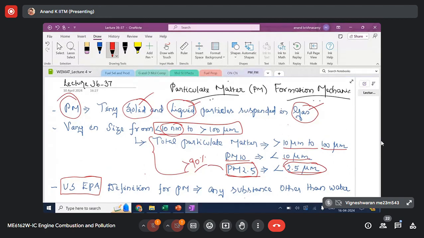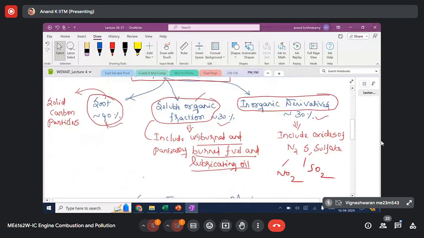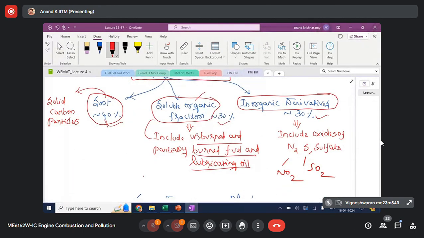Solid particles are soot, liquid particles are unburnt or partially burnt fuel and lubricating oil. And in the gas stream, you have several oxides of nitrogen and sulfur as indicated here, as well as sulfate. So these are the gas phase species we have in the PM. Nitrogen dioxide and sulfur dioxide are also carried in the gas stream.